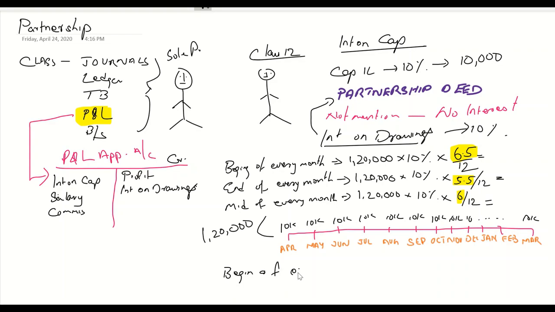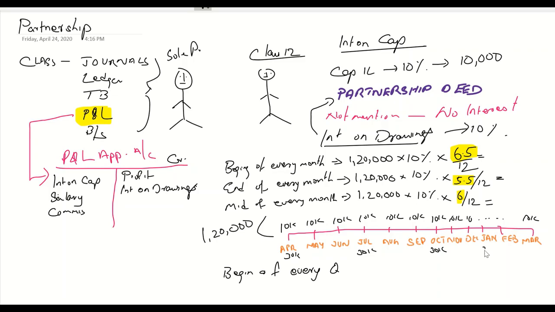of every quarter? There are 4 quarters. In April he has made a withdrawal of 30k, and then after 3 months in July he made a withdrawal of 30k. Then after 3 months in October he made a withdrawal of 30k.